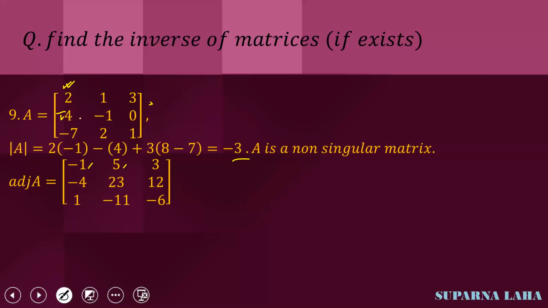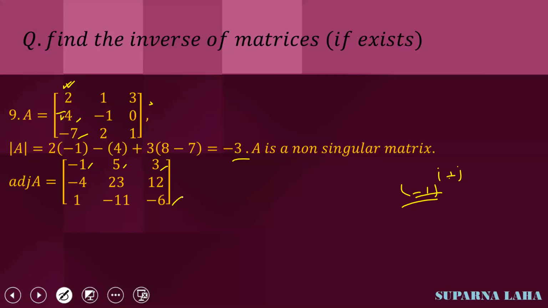Since in this place you need to add minus, since I hope you remember this minus 1 whole to the power i plus j, the cofactor form. If you forgot, then check the previous videos for cofactors. Next cofactor for minus 7. So remove the third row and the first column. So 1 0 0 and then 3 plus 3. So like that, write down all the elements.